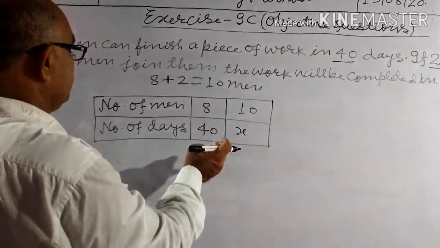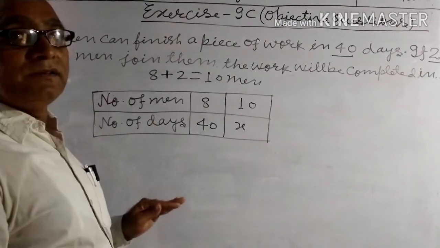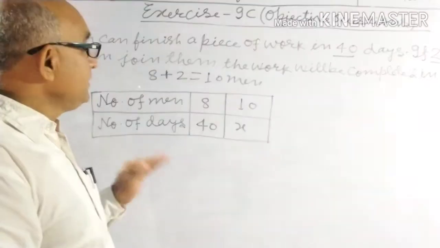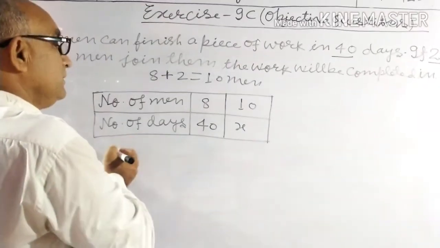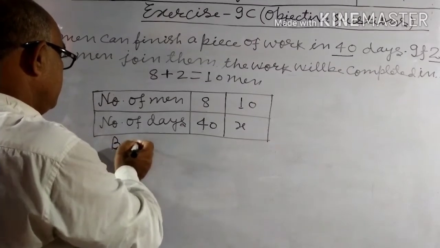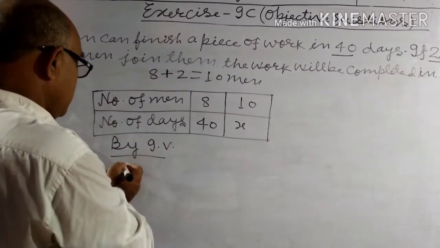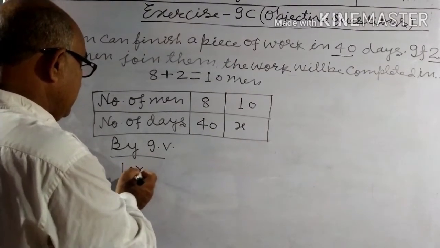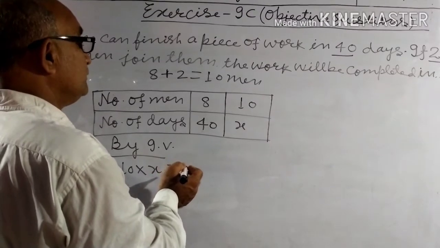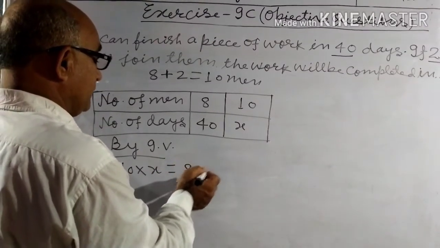Number of days x. Now more men, fewer days. One increases, the other decreases. So it is inverse variation. By inverse variation, 10 into x equal to 8 into 40.